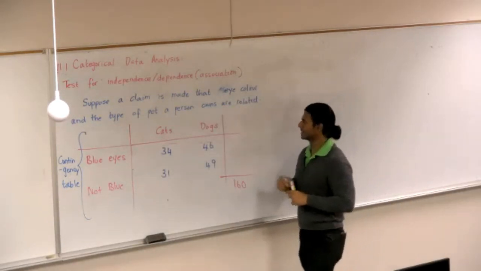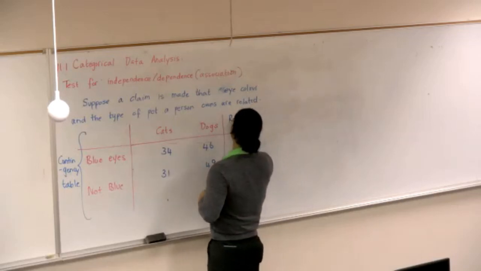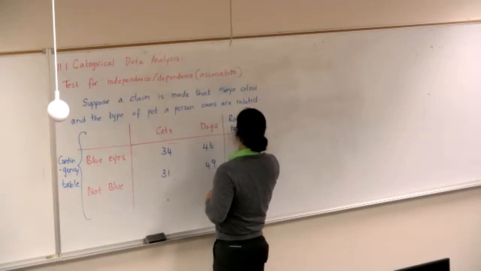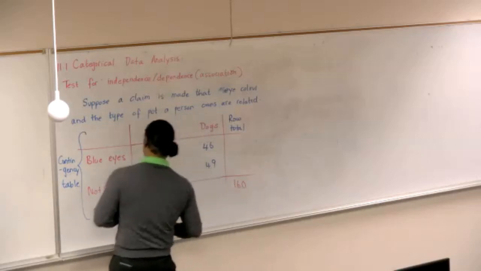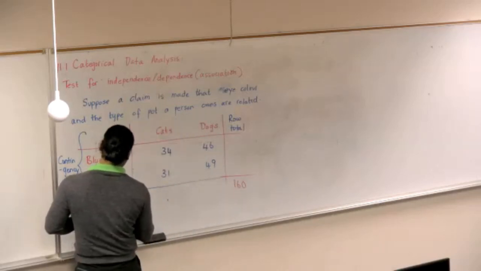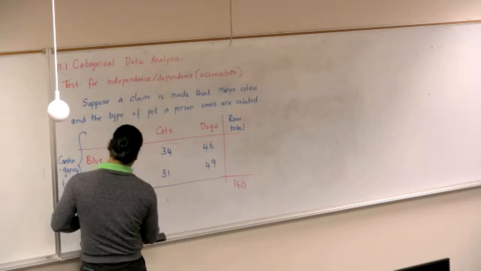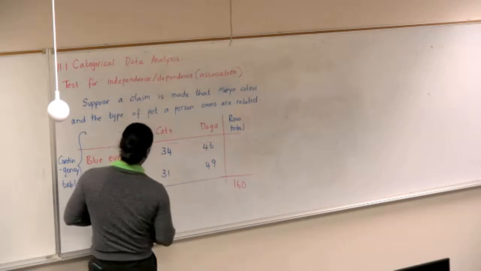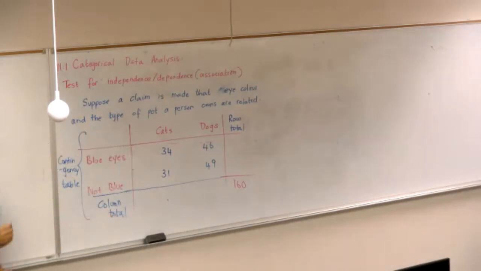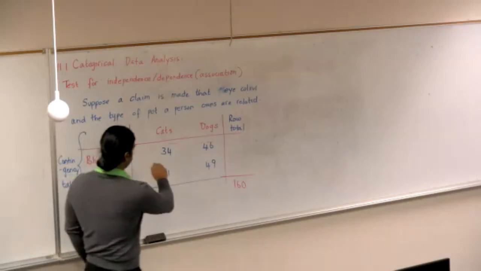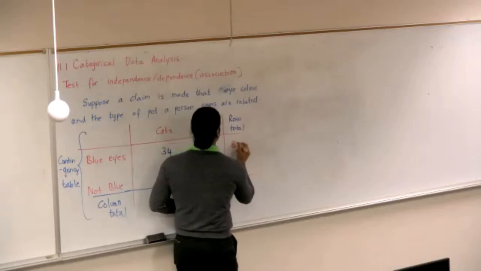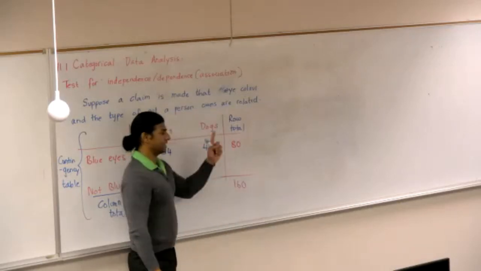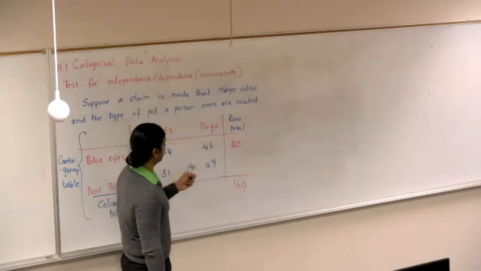How do we do that? We're going to come up with something called row total and column total. So row total, we're simply going to add those two values. That's going to give me 80. Same here, if I add those two, I will get 80.